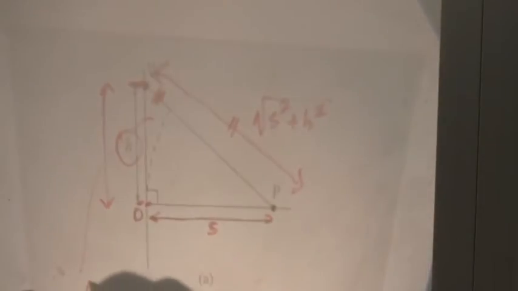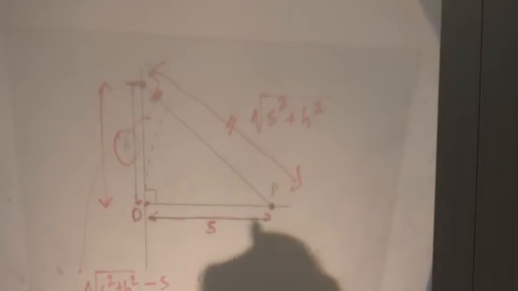So the difference in distance between the two paths, D, is the square root of s squared plus h squared, minus s. This is the extra distance travelled: we subtract off this distance, and we get this little extra distance here.